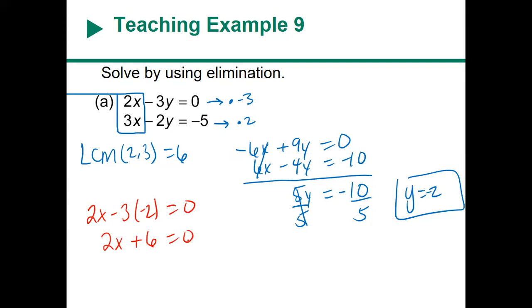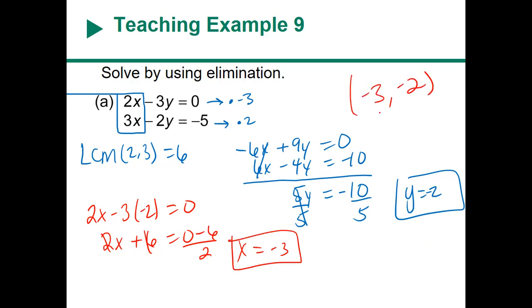What are the 2 steps it's going to take to get x by itself? Perfect. Subtract 6 and divide by 2. So what is x? Negative 3. So our solution set is negative 3, comma, negative 2. C.